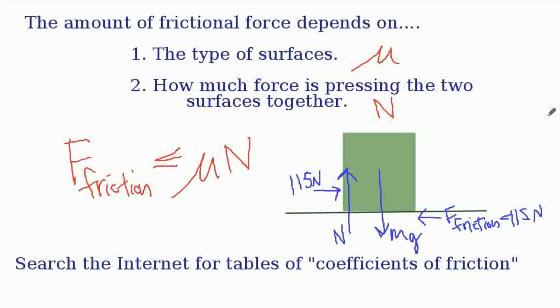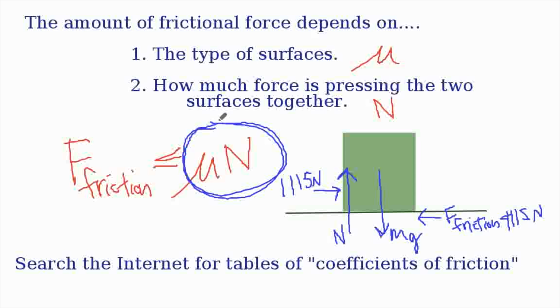However, that only works up to a point. Eventually, there's going to be some amount of pushing that's just going to get the box to start moving, right? Right when you have the maximum push, let's say it occurs at 1,115 newtons, that maximum push where you're finally overcoming friction, the maximum friction, that's what the mu times N is.